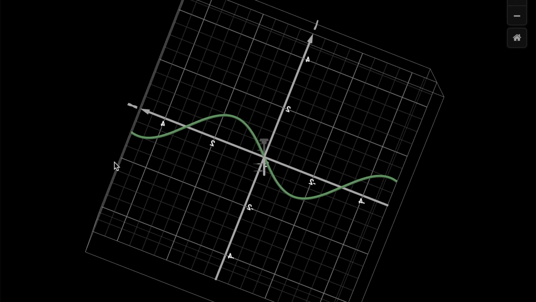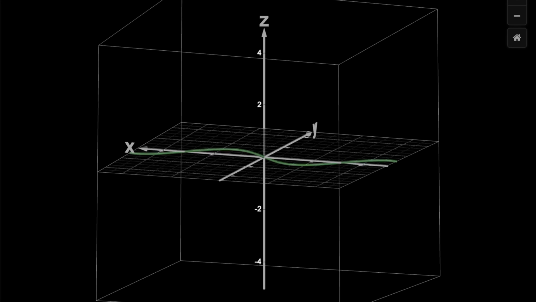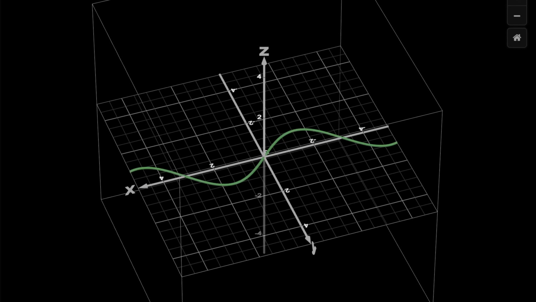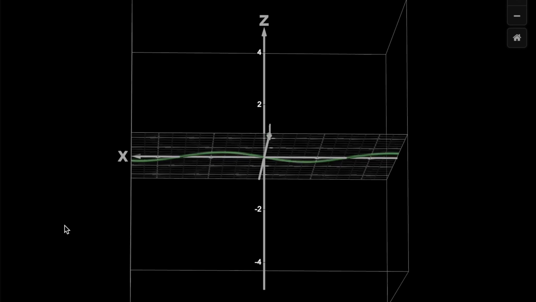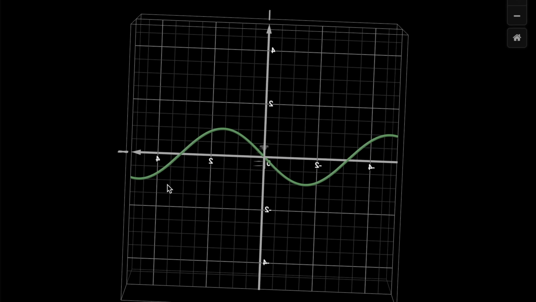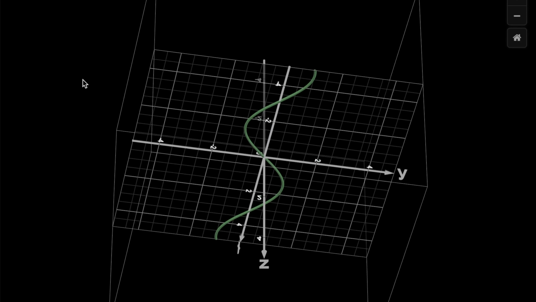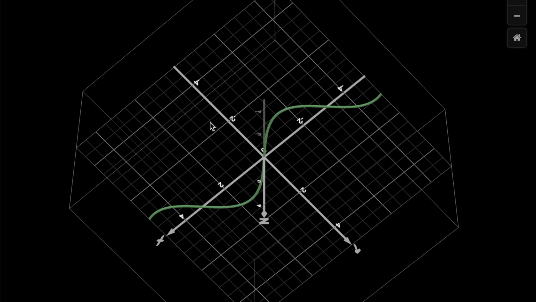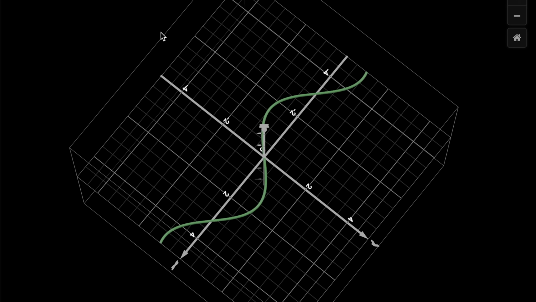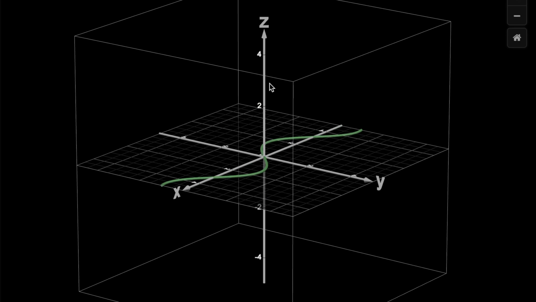Here we are taking an equation y equals sine x. Here we have taken the equation y equals sine x, and in particular, the resultant of the sine wave is along the y axis.